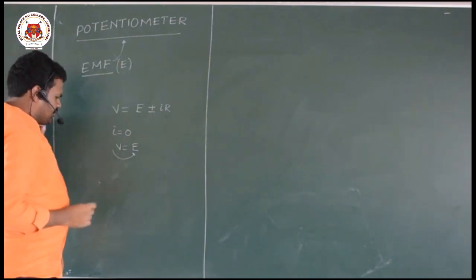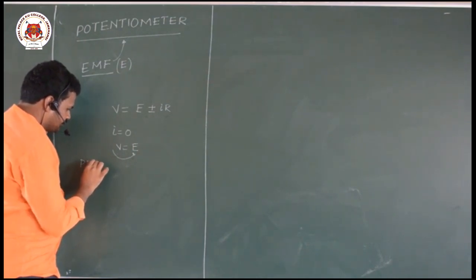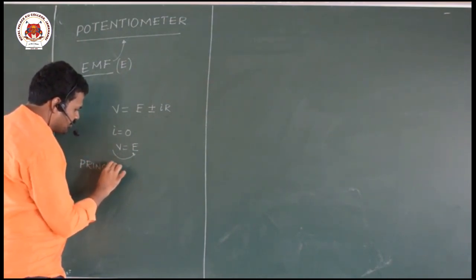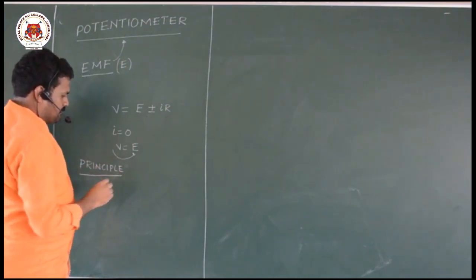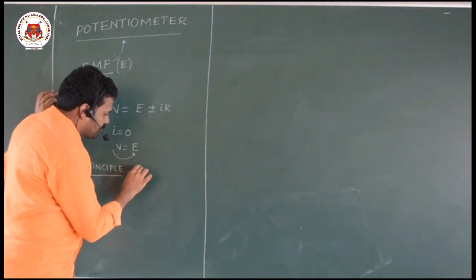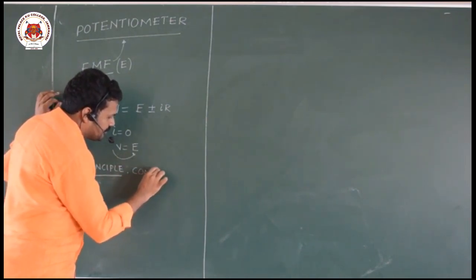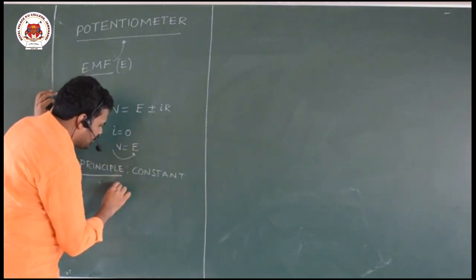Now what is the principle of potentiometer? The principle of potentiometer is constant potential gradient. It maintains constant potential gradient.